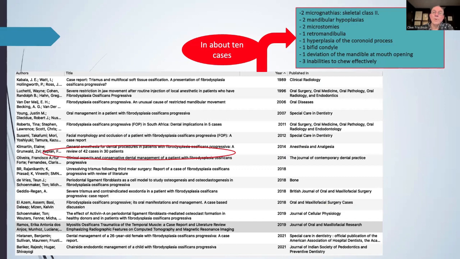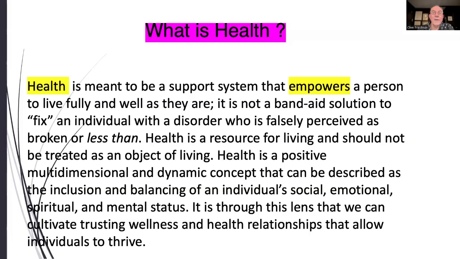And so it's much more important to look at every individual and see what it is that they represent. I'm going to go through a lot of cases for you so you can see a lot of variations with relationship to what happens with the oral health of FOP. But before I get into that, I think it's really important to just highlight, when I'm talking about health, what I'm actually speaking to.